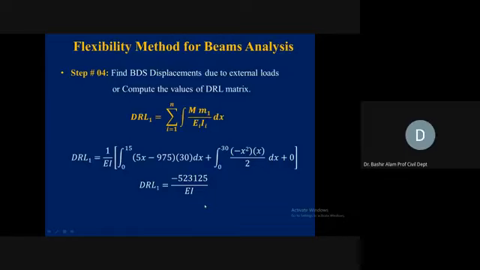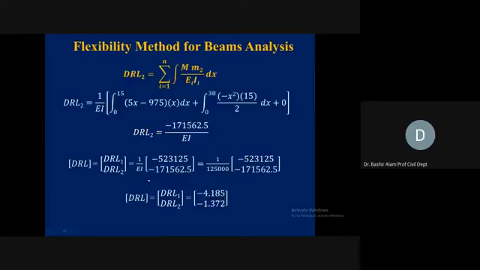Now we go towards DRL2, and DRL2 is M times M2 divided by EI dx. So again, from member 1, we have this 5x minus 75 capital M. X is M2 and dx.